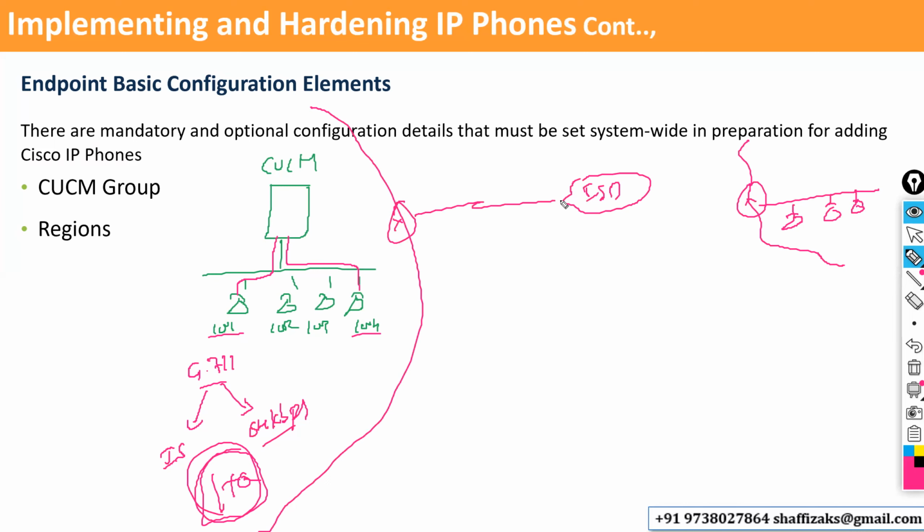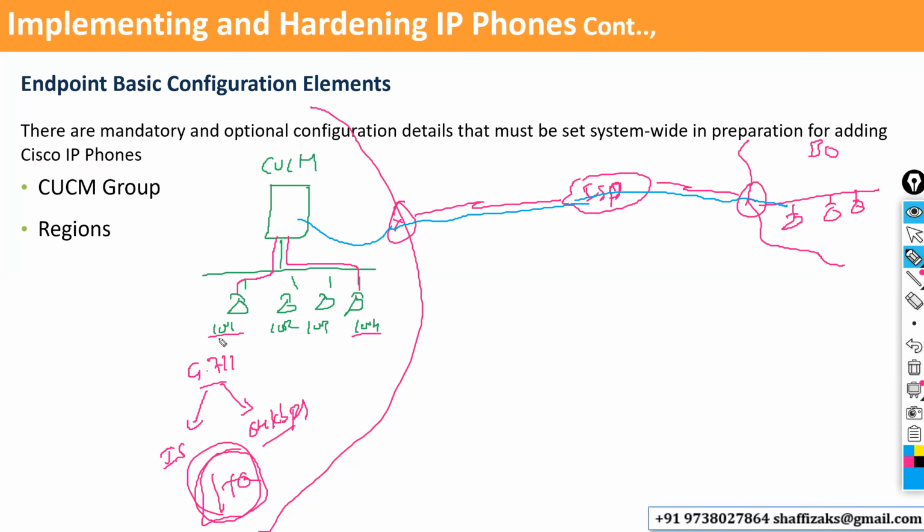This branch office phone also registered under headquarter. It's registered where? Then what type of deployment is this? Multi-site with a centralized, not only centralized, multi-site. This phone also goes over the ISP. It will be connected to the call manager.